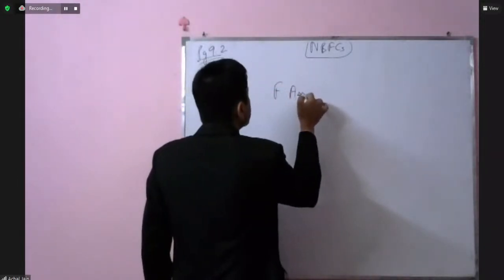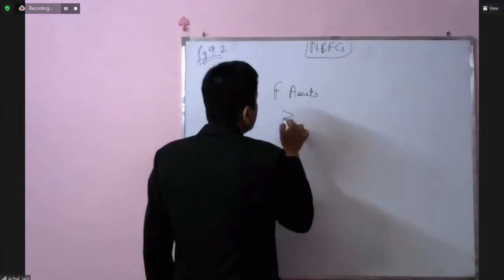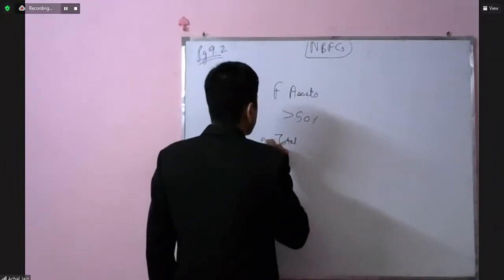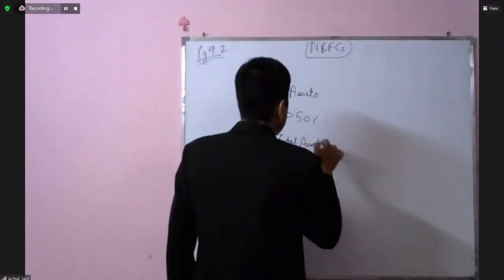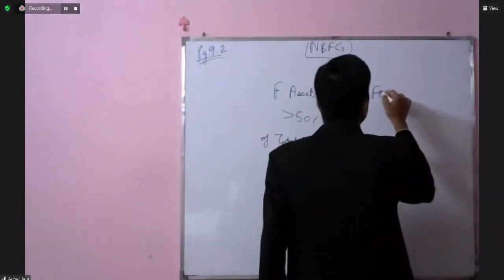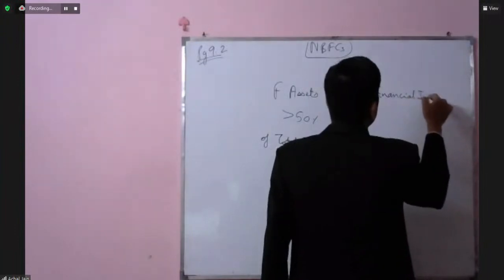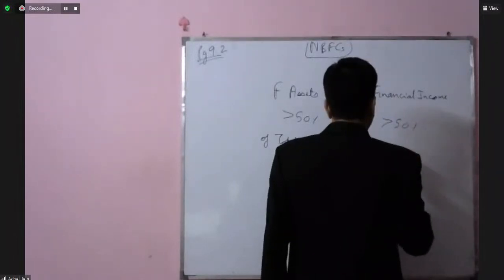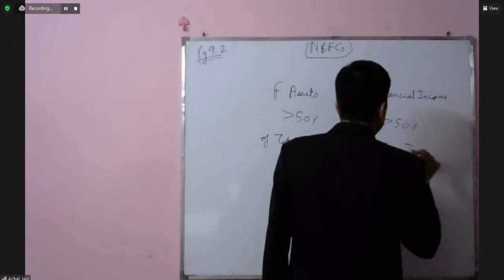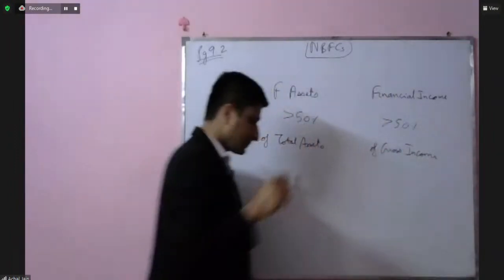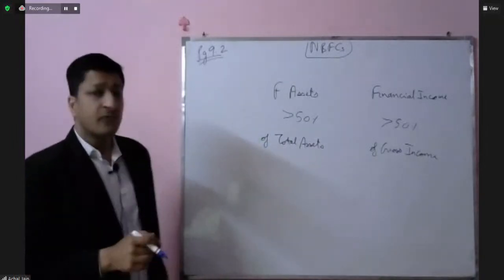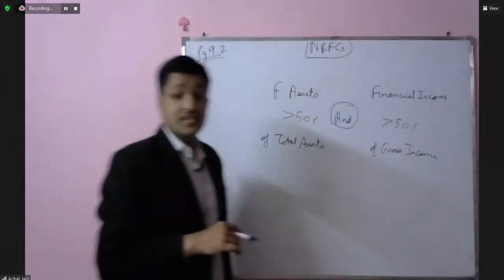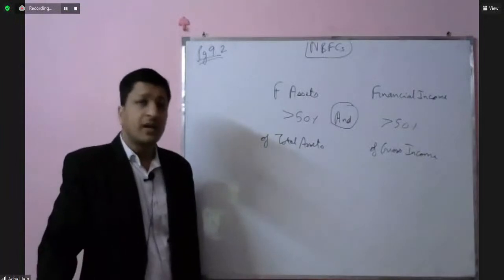If the financial assets constitute more than 50% of the total assets, and financial income constitutes more than 50% of the gross income, and both these conditions are fulfilled, that means it has to be "and", then such a business is considered to be the one in the nature of NBFC.